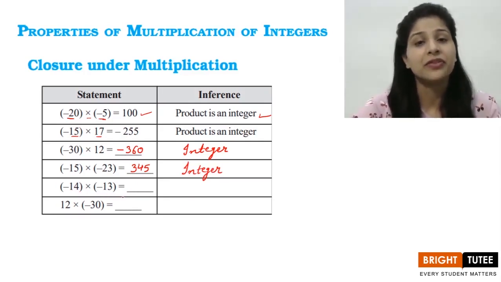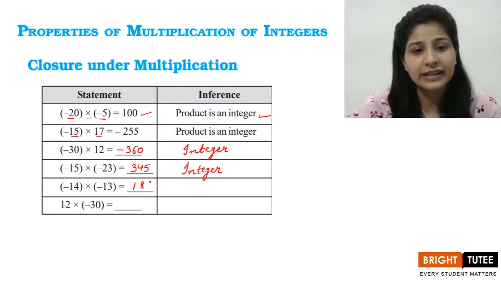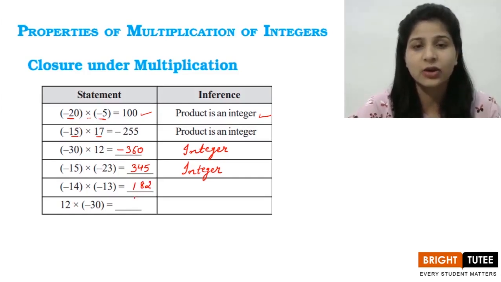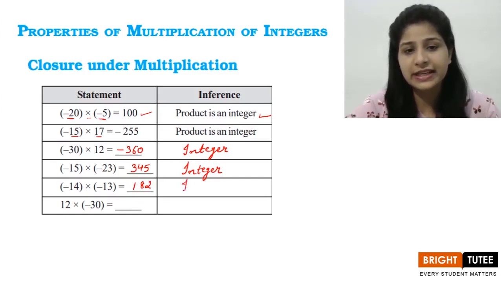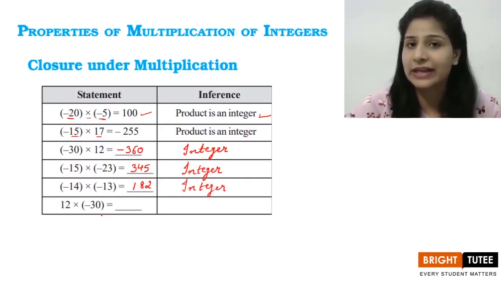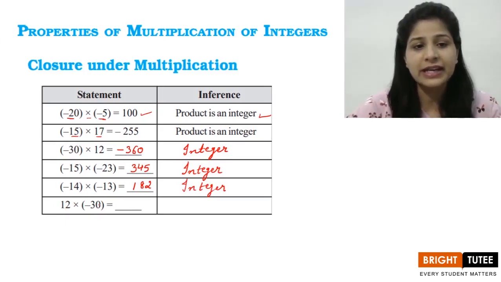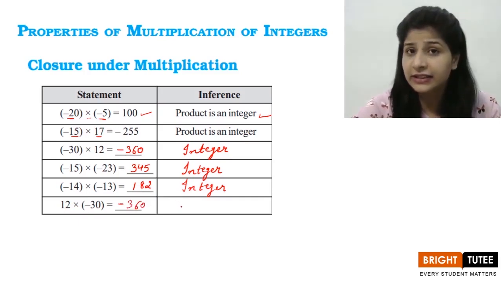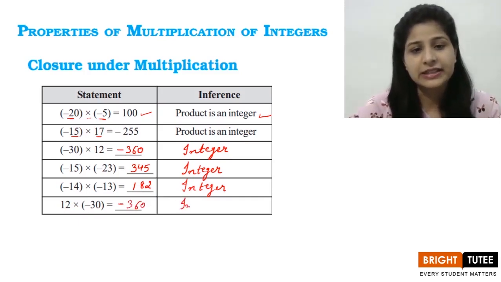So multiplying them, we will be getting the answer as 182, plus or positive. So is this an integer? Yes, this is an integer. The last one, 12 into minus 30. So we can multiply, again a negative sign will come, and 12 into 30 is 360. Is this an integer? Yes, this is an integer.